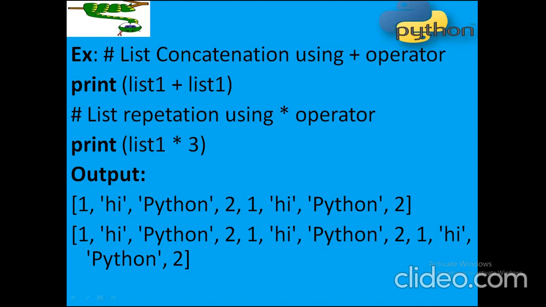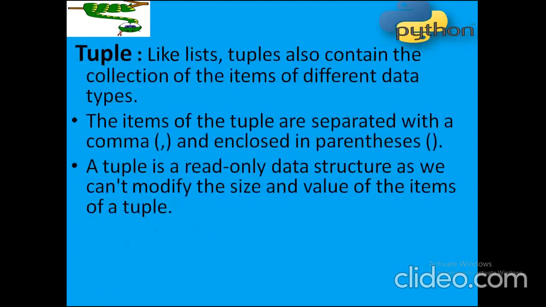First list1 and list1 are combined, so the message is displayed 2 times, and secondly the message is displayed 3 times because we have given 3 times repetition.